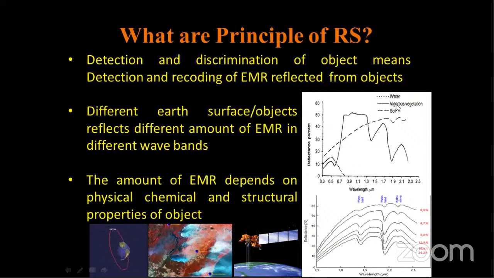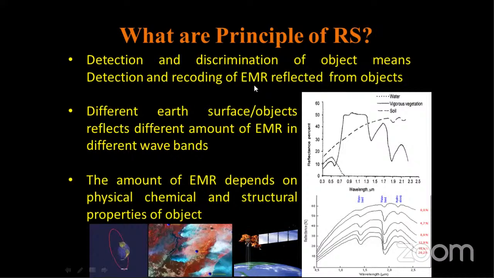This one is soil, and it reflects maximum in the NIR region, while less in the visible, blue, green and red. For water, it reflects maximum in green, and then it is almost absorbed in the NIR region. And if you see vegetation, it has a very unique signature.